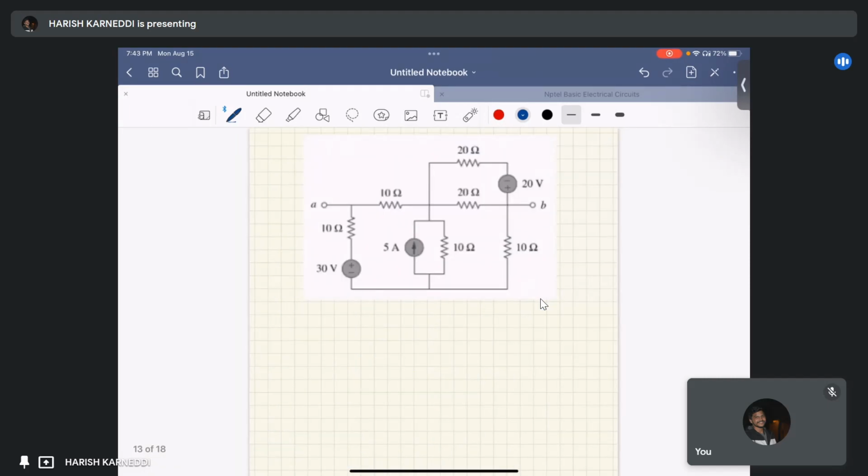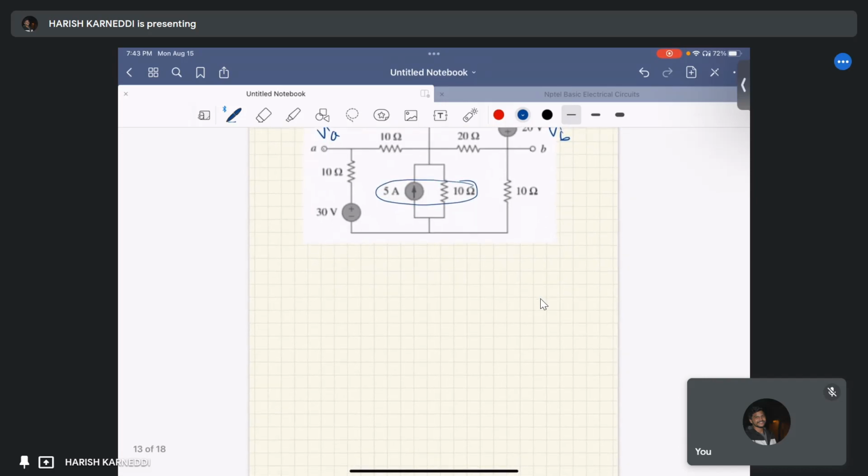Now we have to find out VTH. The VTH equal to the voltage across this A and B terminals. Just consider this as VA and this as VB. Okay, we are applying the source transformation technique across this one first.